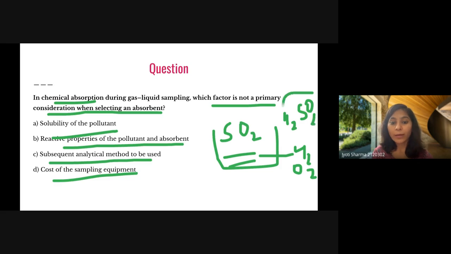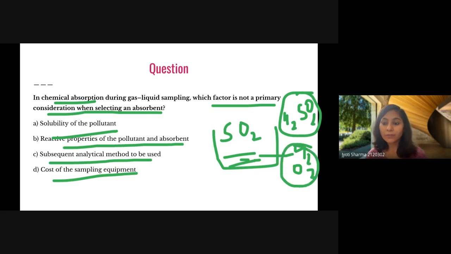Then whenever we do the titration, we can tell the concentration of SO2 we had in the air. So this comes under the chemical absorption method, by which we can collect our air pollutant in liquid. So you have to tell me which factor is not the primary consideration whenever we are selecting the absorbent. Here the absorbent is H2O2, hydrogen peroxide. So can you tell me what can be the answer for this?